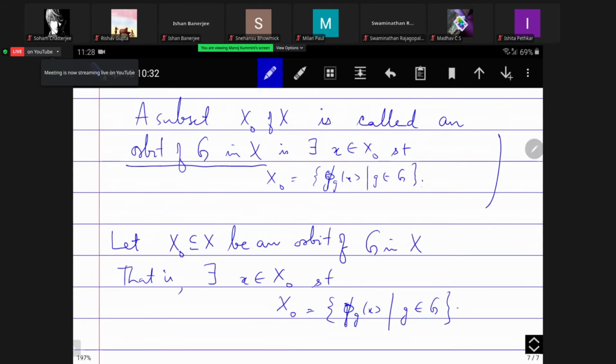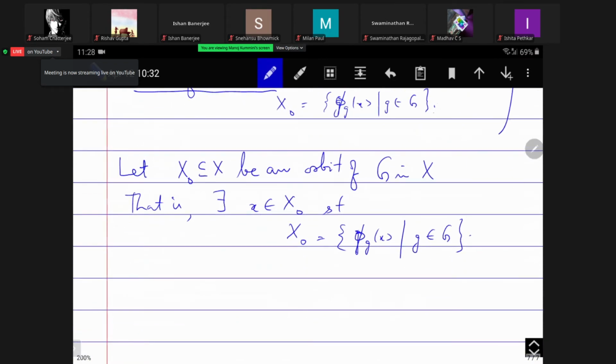Now we want to show that this is an equivalence class. So we want to show that things inside this are related to each other. And moreover, if something is related to any of these elements, then it must be inside X0 itself. So we want to show that X0 is an equivalence class.